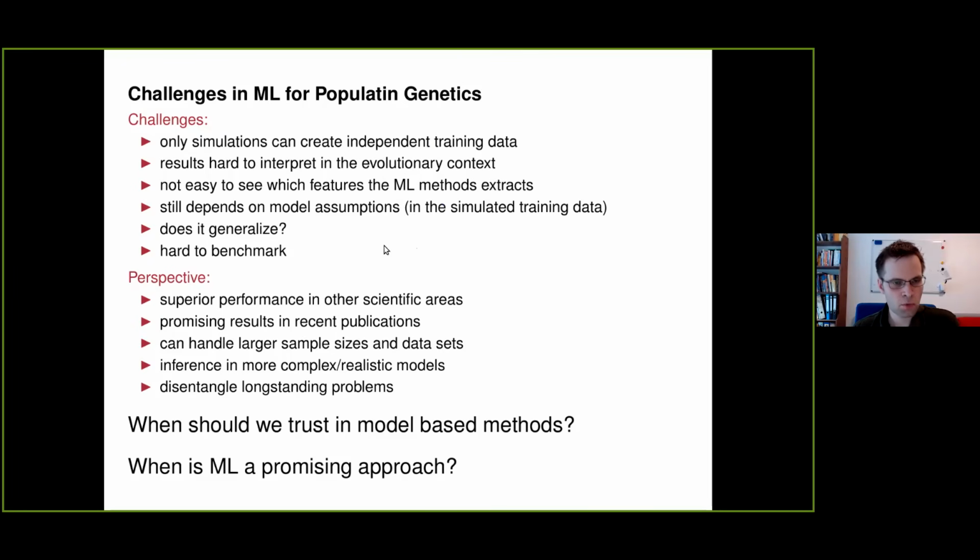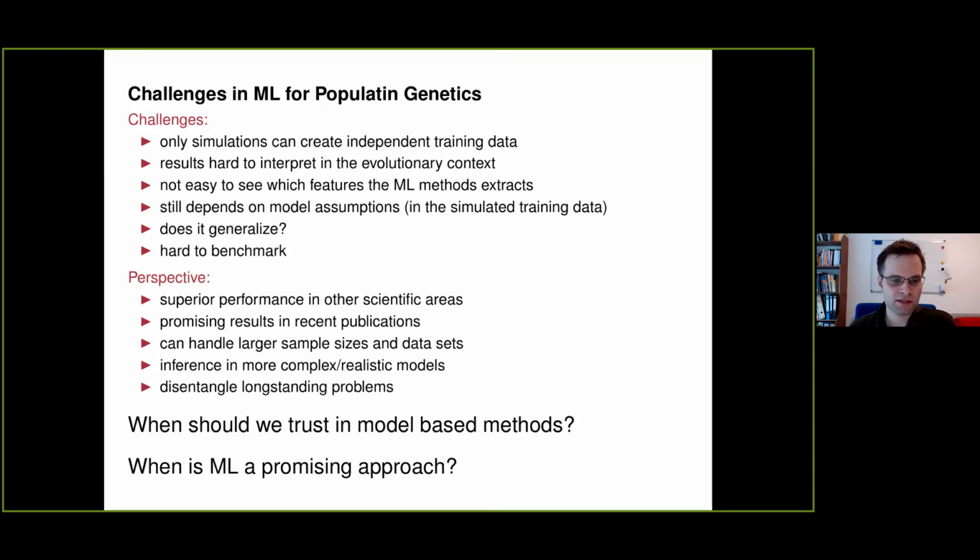In addition, we have a rich feature set of classic tools and results which compete with current machine learning methods, which means we really need superior performance to convince people to switch methods. However, there are some promising results in recent publications.